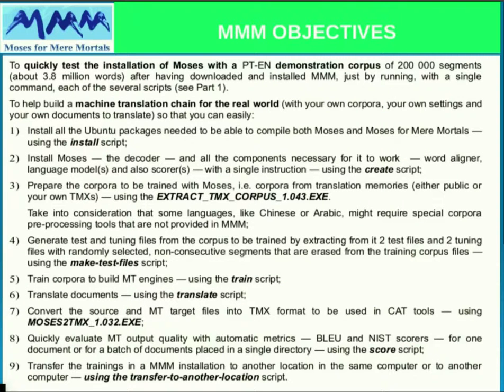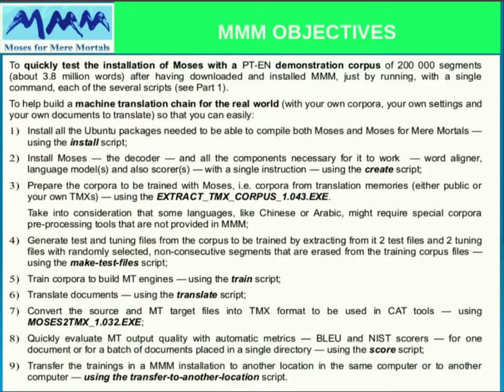So this is the explanation of the scripts, and there are also two other applications that we call the add-ins, which allow you to extract corpora from TMX files, probably the ones that you have from your CAT tool for your own translations, and also to convert the corpora available on the internet, which are also in TMX files.